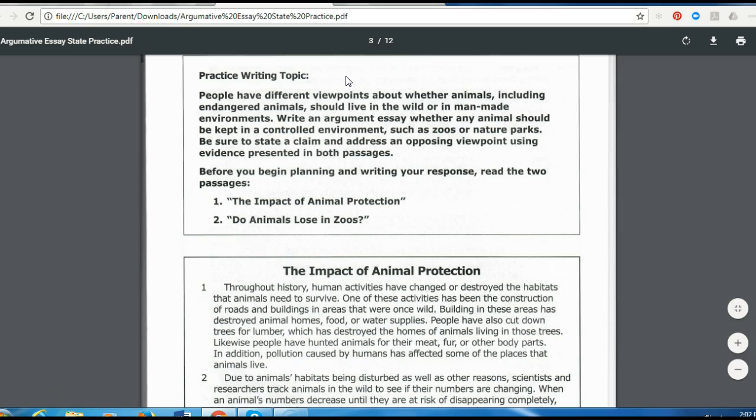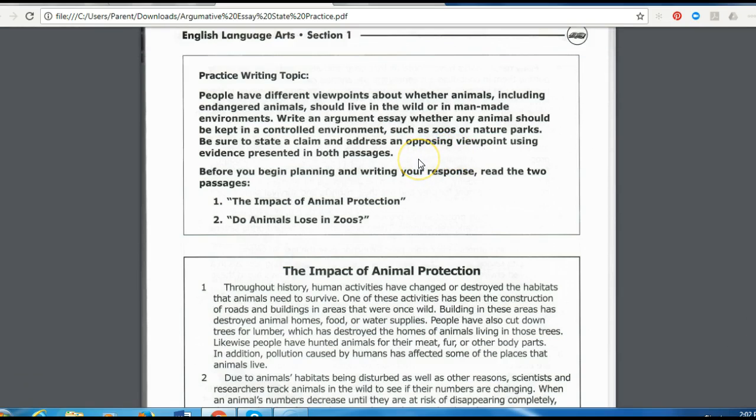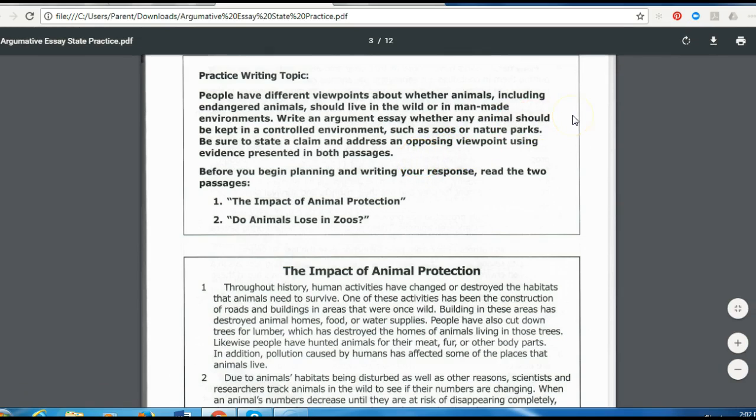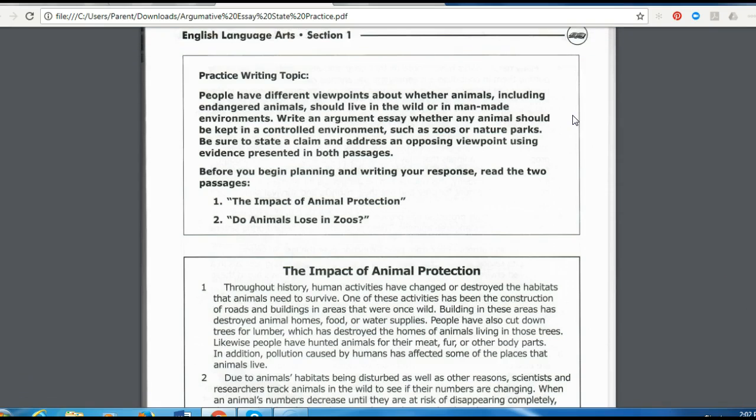Write an argumentative essay on whether any animals should be kept in a controlled environment such as zoos or nature parks. Be sure to state a claim, address the opposing viewpoint, and use evidence from both passages. Before you begin planning and writing your response, read the 2 passages. So today they are the impact of animal protection and do animals lose in zoos?